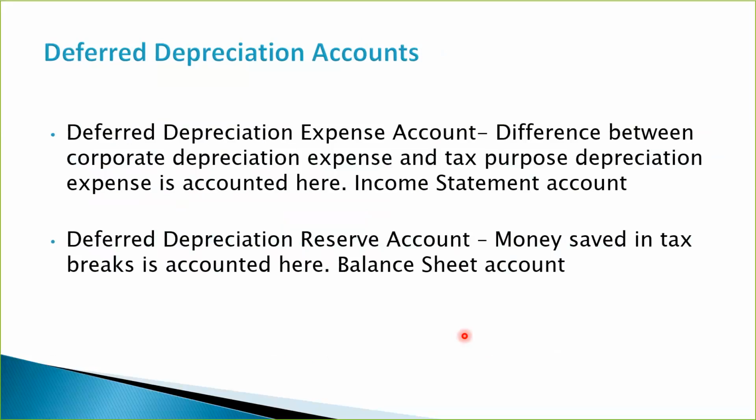All right, so the difference is 100, and that difference is what is accounted for using the deferred depreciation expense account. So you have to report this to show that this is what we are saving by using this different depreciation method for our assets. Okay, so that is the purpose of deferred depreciation expense account.